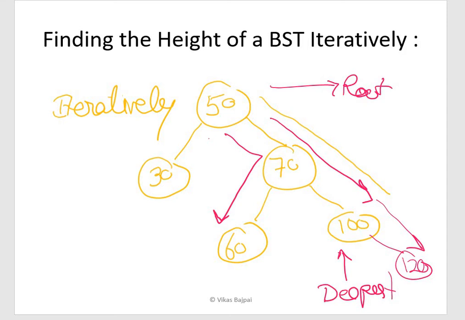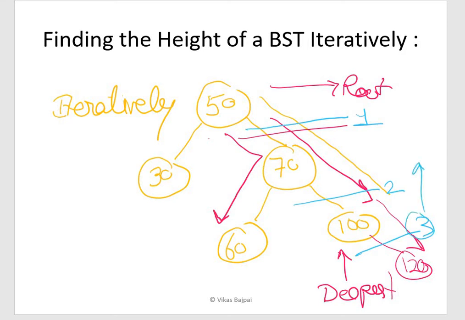Another thing I can do is, using the number of edges, for example, this is your edge on the longest path from the root node to the deepest node, right? So I have 1, 2, 3.